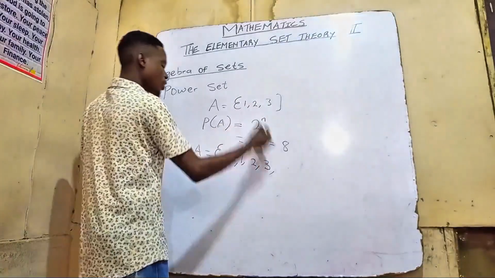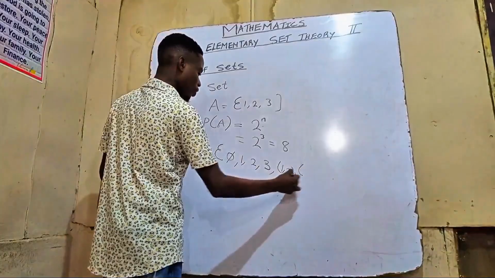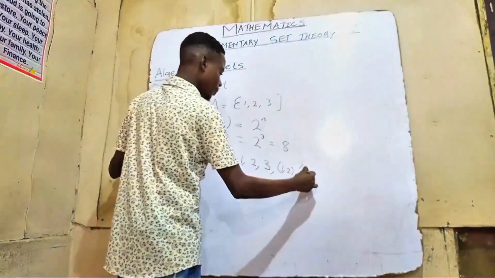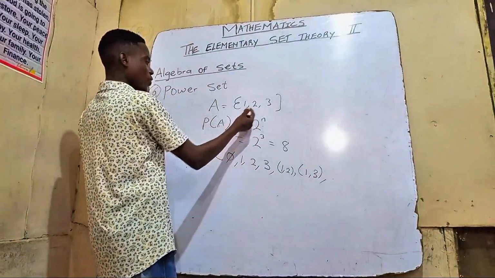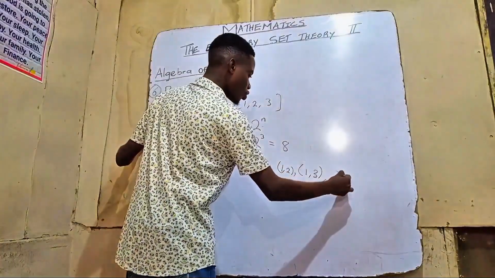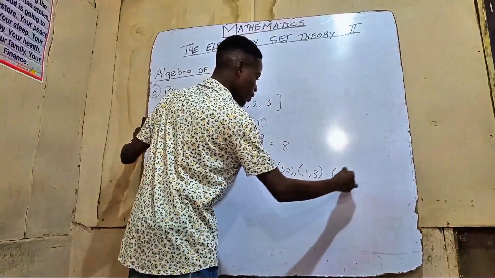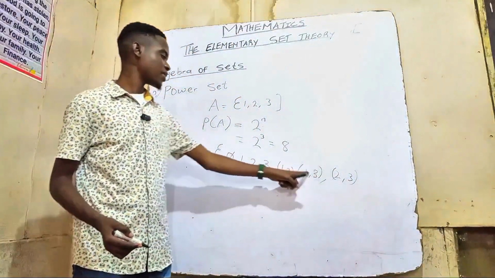Now you consider 1 and 2, 1 and 3, and then 2 and 3. How many subsets do I have now? 1, 2, 3, 4, 5, 6, 7.